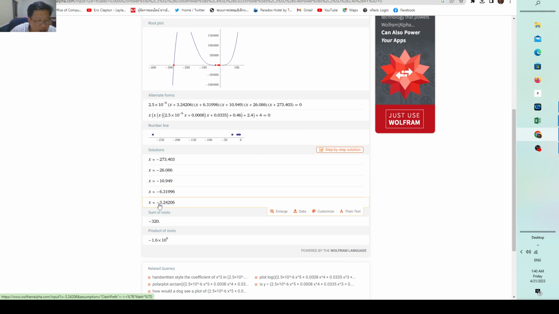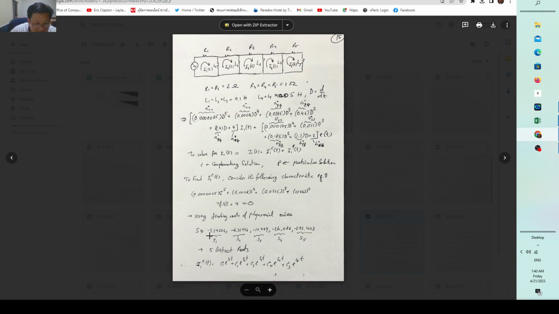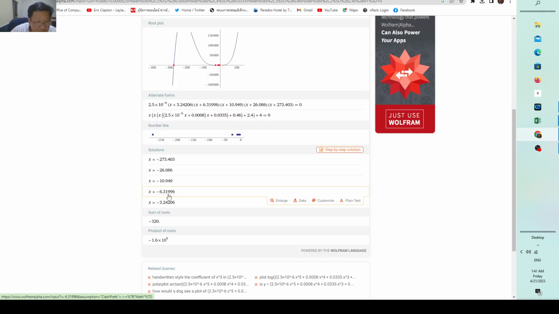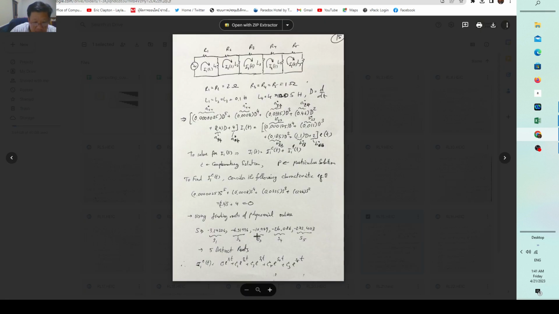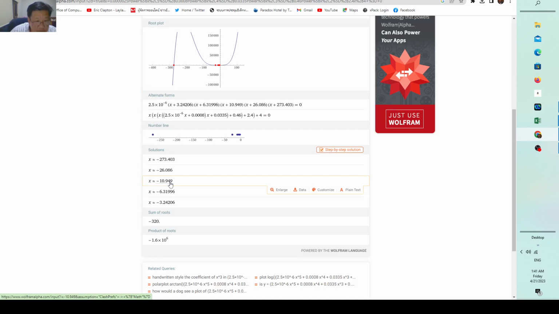Okay, the largest is minus 3.24206, which is this one. And then the next largest one is minus 6.31996, which is here, and then minus 10.949, this one.